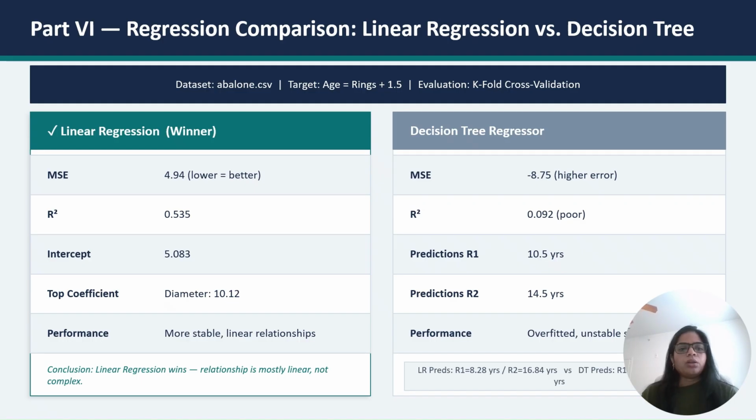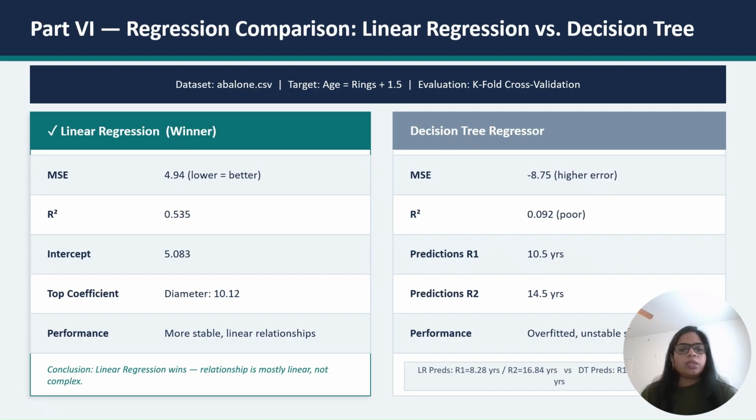By looking at the parameters listed in the slide, the linear regression model has a much lower prediction error compared to the decision tree. This means the predictive values from the linear regression are closer to the actual target values, since lower MSE indicates better performance.